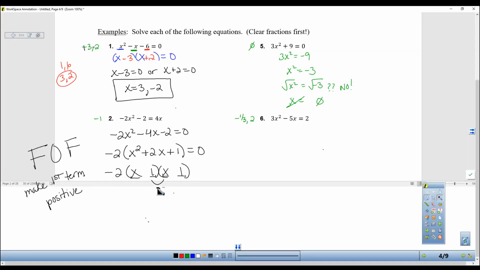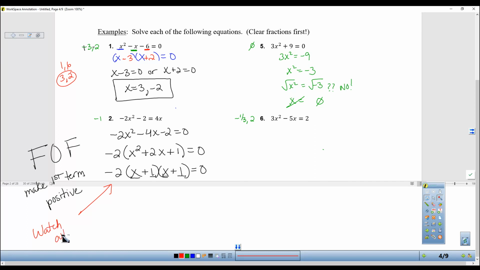The inners make 1x, and the outers make 1x, which adds up to 2x, which is just what I want, so I know that they can both be positive. Make sure you keep writing your equal to 0. Notation matters to me. I will take off points if your work is not consistent in every step. So this is a little bit of a warning here.